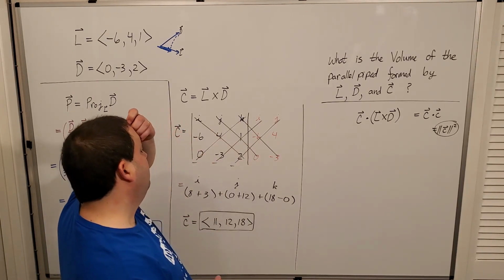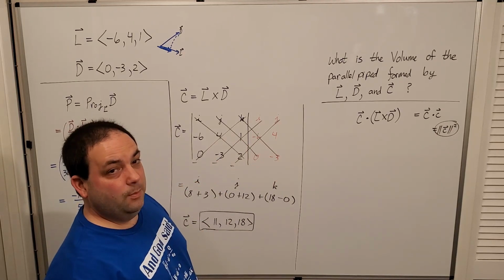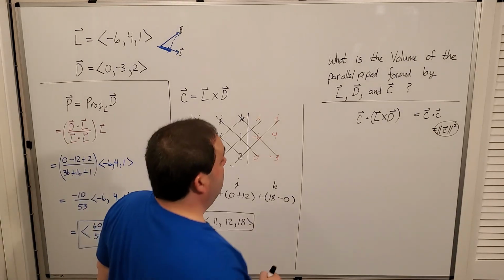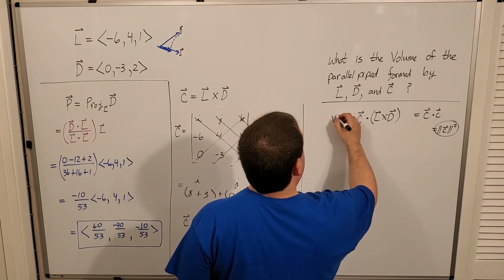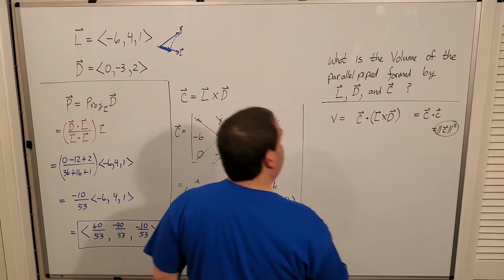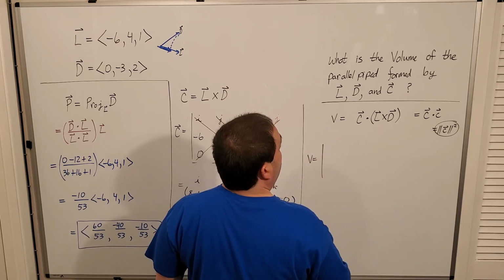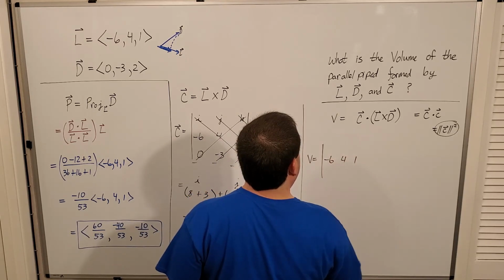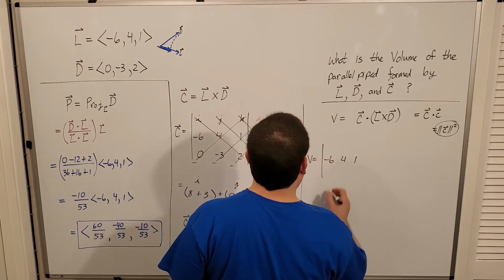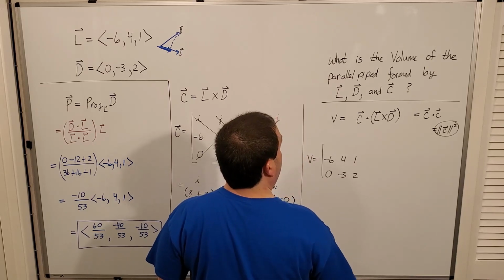However, what I am going to do instead is the way that the triple scalar product is typically performed. We'll just call it V for volume here. The triple scalar product is set up very similar to the cross product. I have the -6, 4, and 1. I have the 0, -3, and 2.